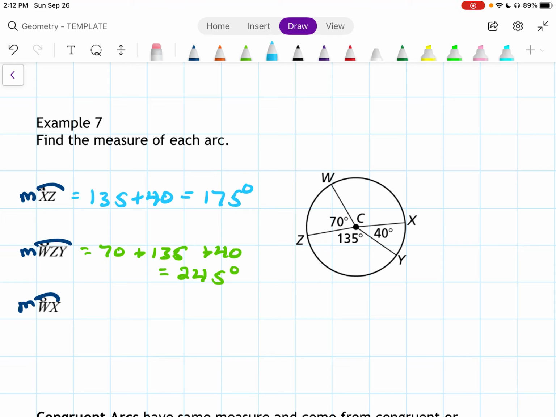And lastly, we have arc WX. Well, that one's unlabeled, but it looks like it is 360 minus the other 3. So I'll say 360 minus 70 minus 135 minus 40, and I get 115.